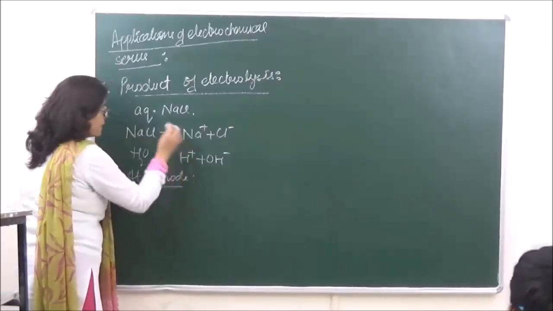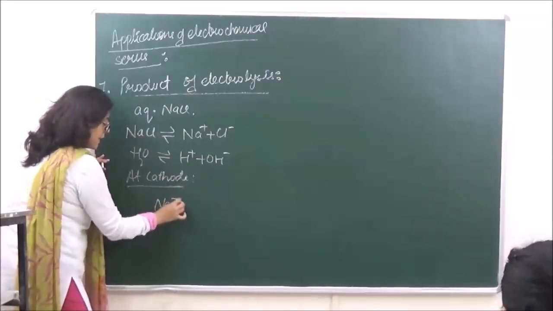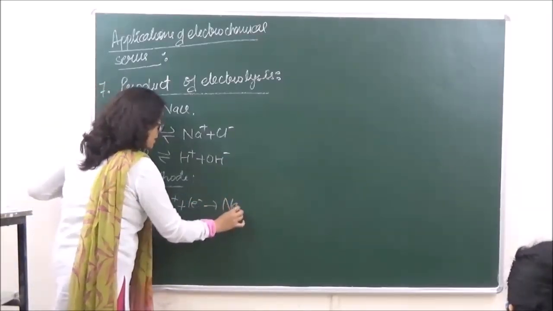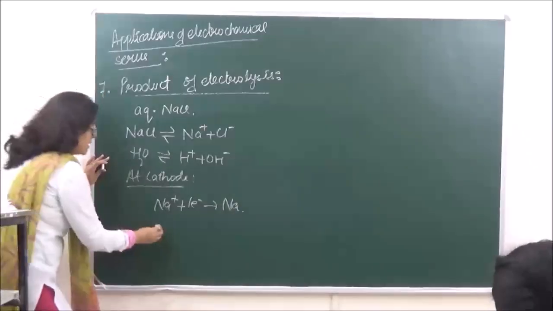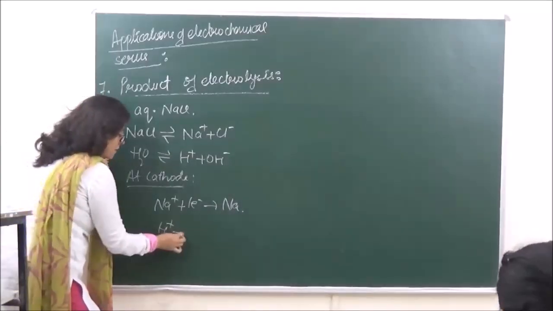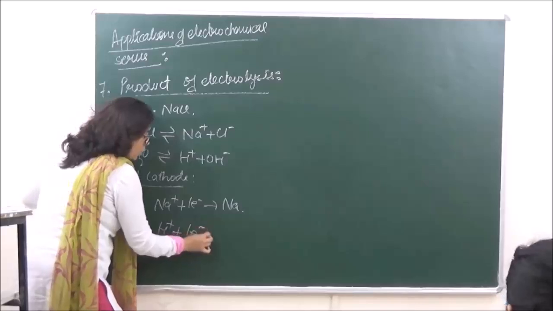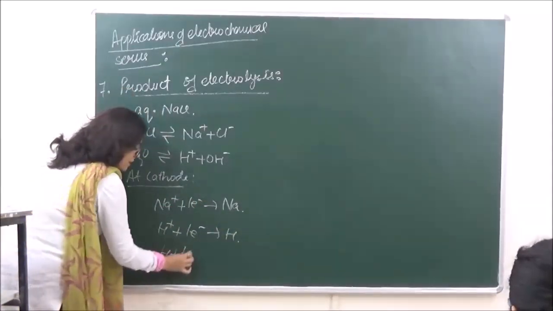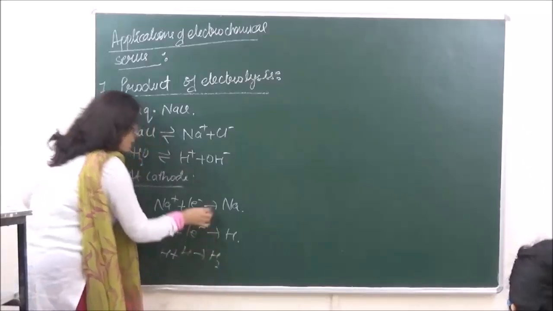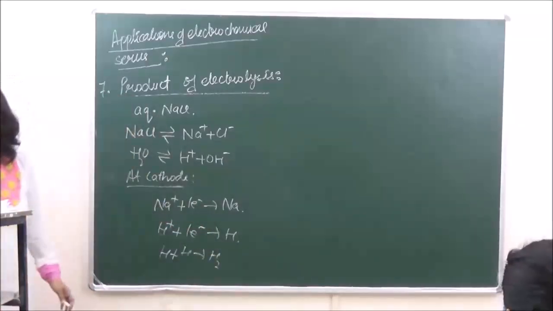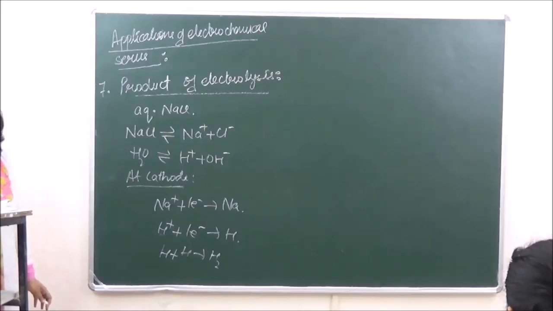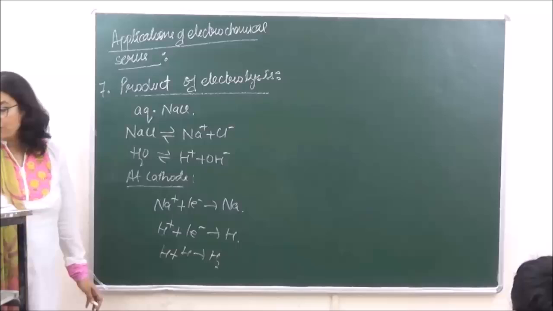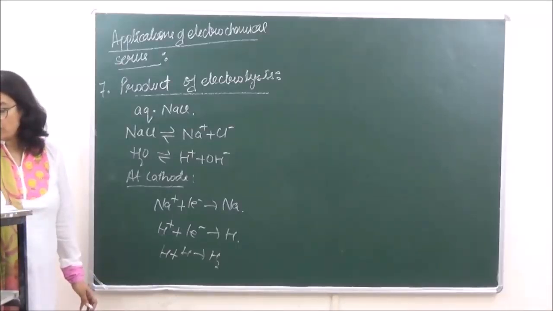Let's see. We have Na positive plus 1 electron to give us Na. In a similar manner, H positive plus 1 electron to give us H, and H plus H to give us H2. In this case, the prediction is favored by the values of electrode potentials.